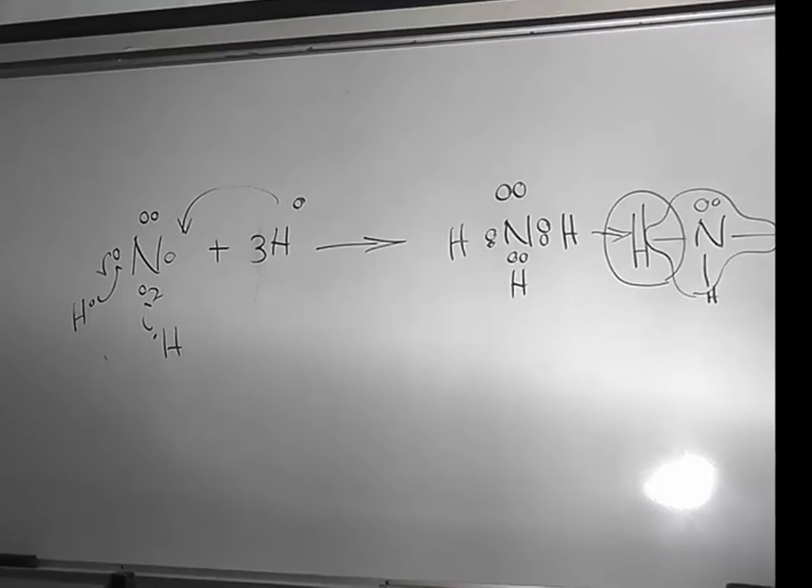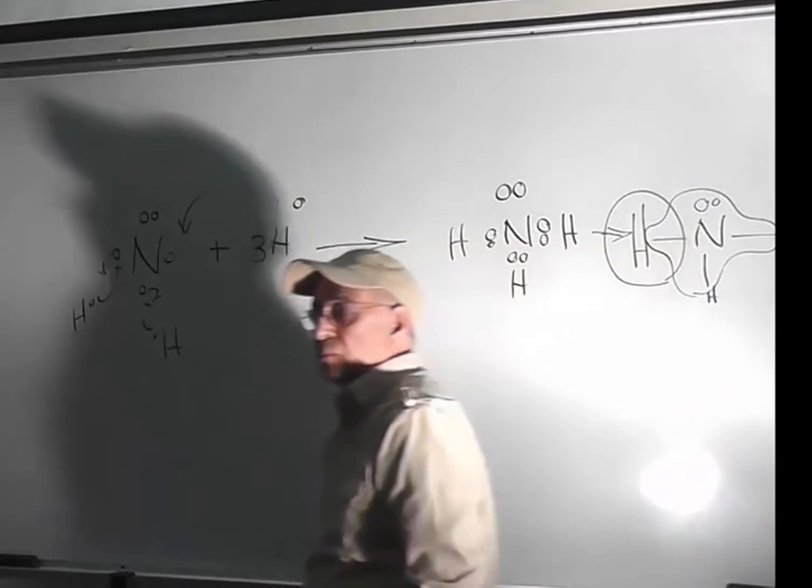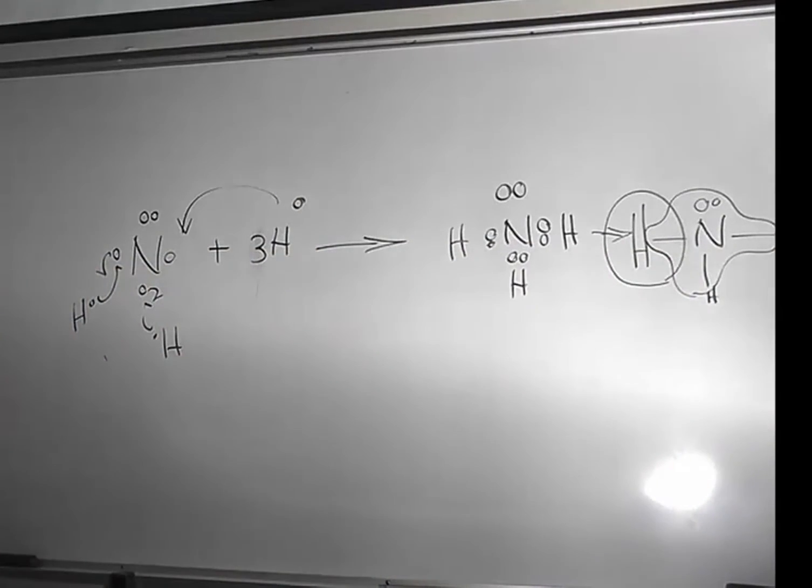That's why it can never be NH. It can never be NH2. The ratio between the number of atoms in a molecule is fixed. But where is that fixed number coming from? The octet rule: 3 covalent bonds made by nitrogen.